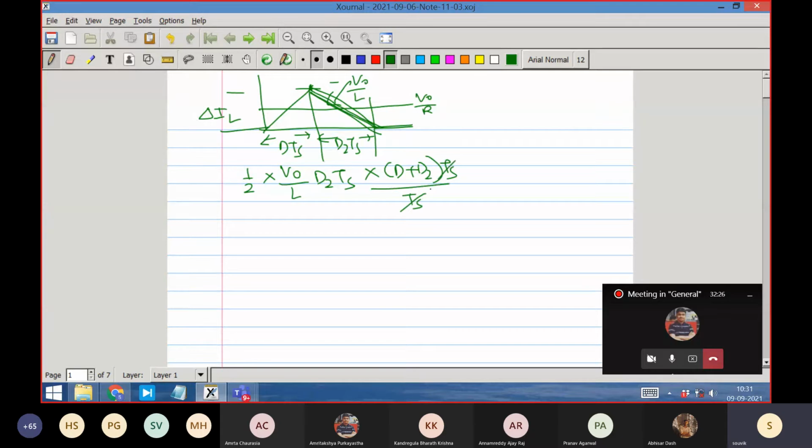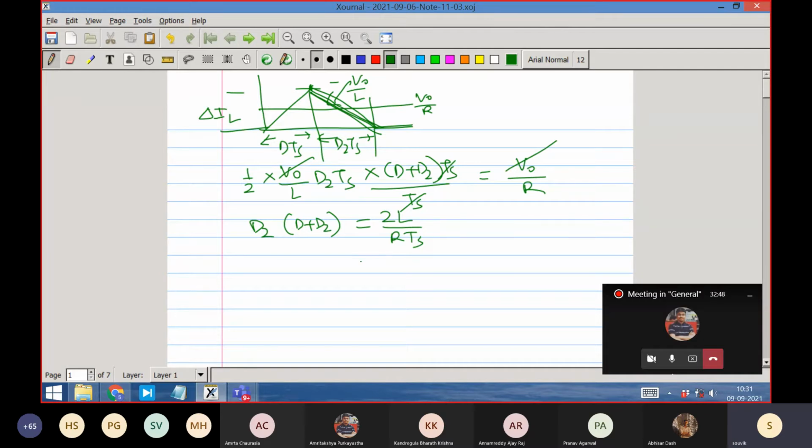This is the averaging condition. So that must be equal to V naught by R, right? So V naught cancels. So I get the equation D2 into D plus D2 is equal to 2L by R Ts.